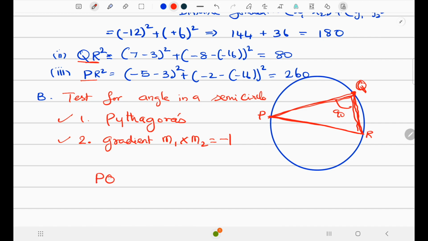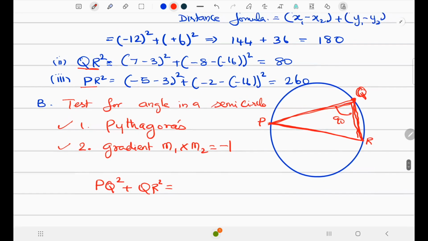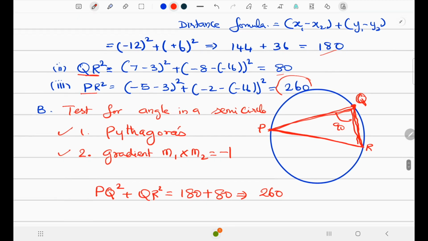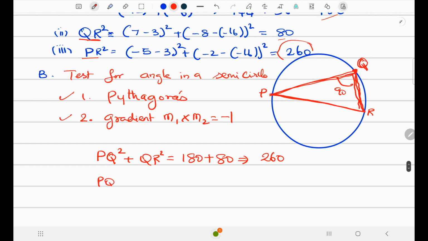say PQ square plus QR square, which equals... what is PQ square? Which is the longest one? Which is the highest value? 260. Leave it. Except 260, add the others. 180 plus 80 equals 260. Meaning PQ square plus QR square equals PR square.